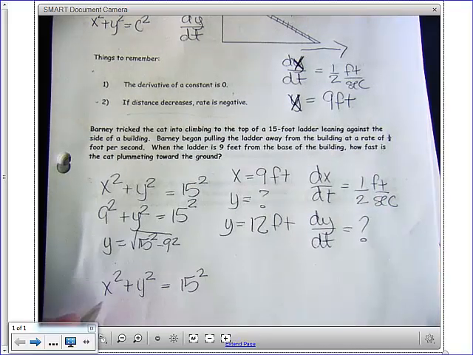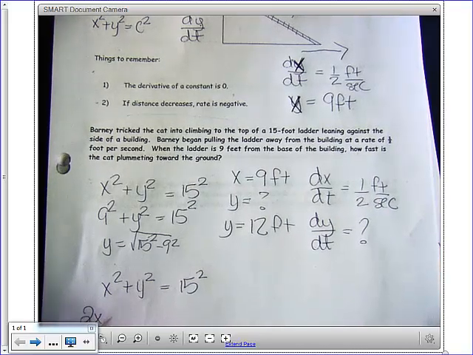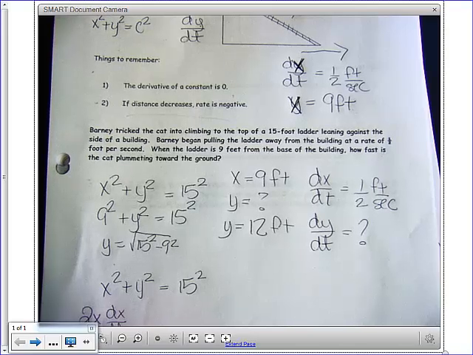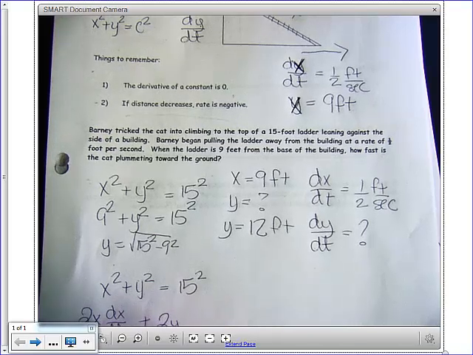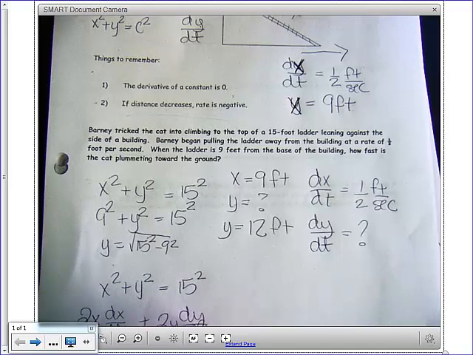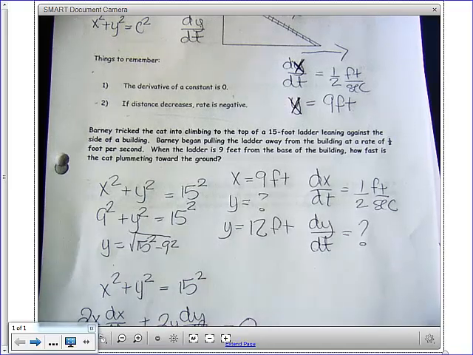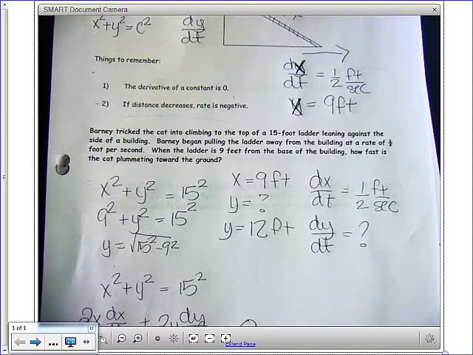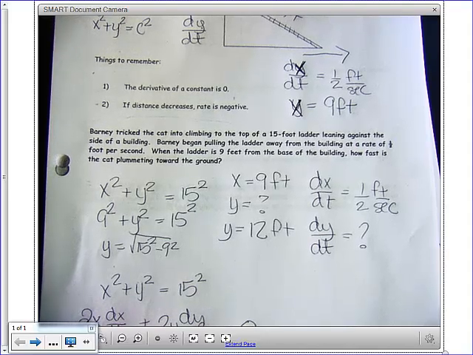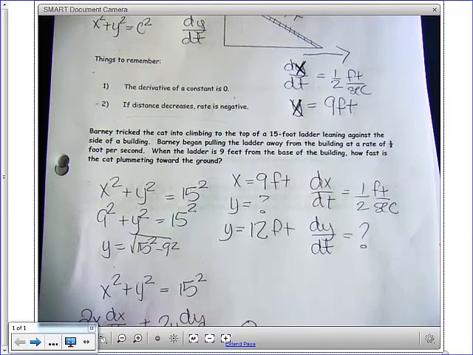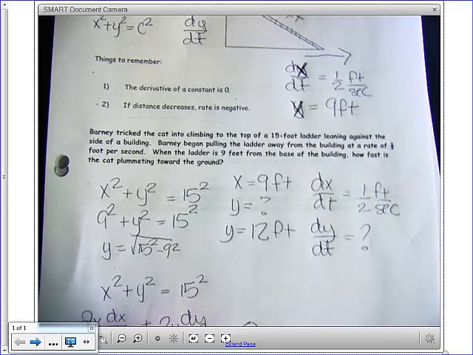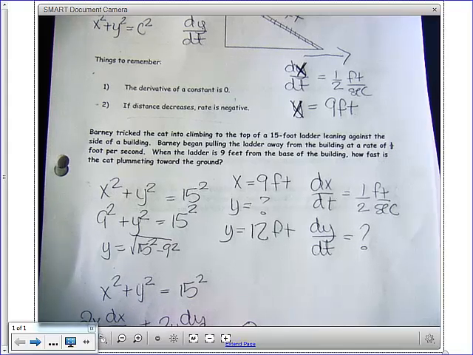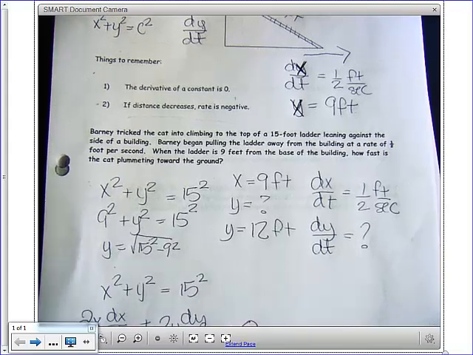Okay, so let's take the derivative. 2x dx/dt plus 2y dy/dt equals 0. Okay, so now let's plug everything in. 2 times x, which is 9, times 1/2, plus 2 times 12 times dy/dt, which is what I'm looking for, equals 0.